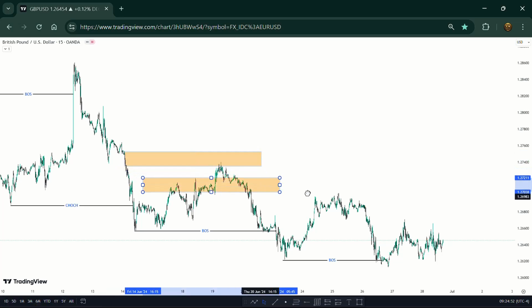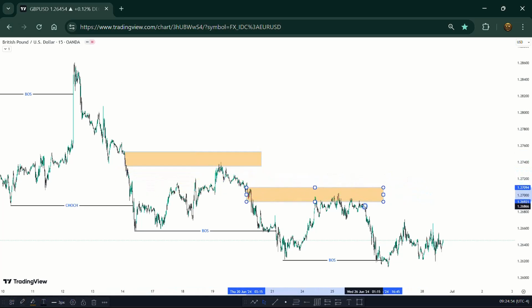Okay, these POIs. Maybe that's what you are looking for only. Of course, that's okay. These are high quality trades. If you are trading that, that's fine, right?